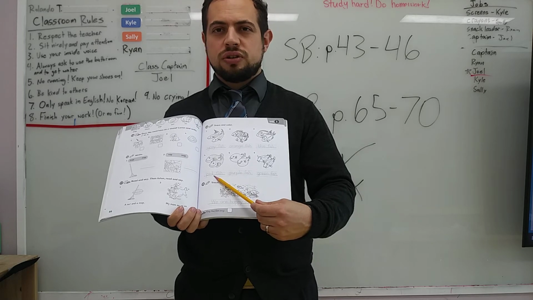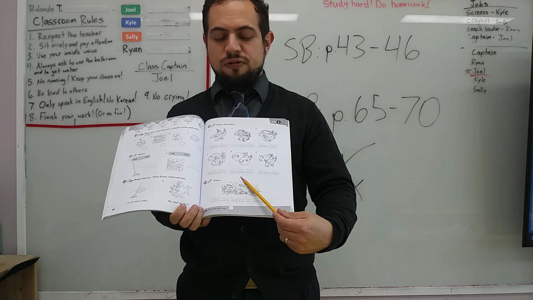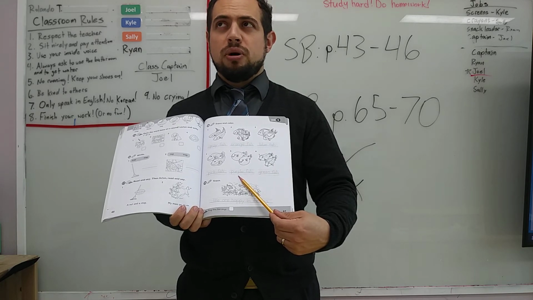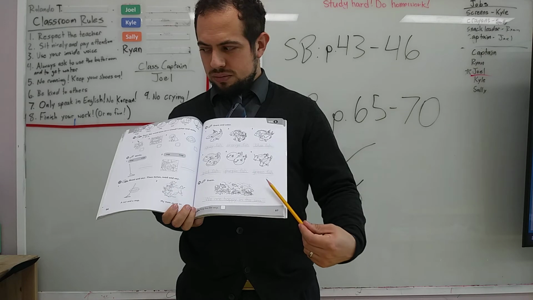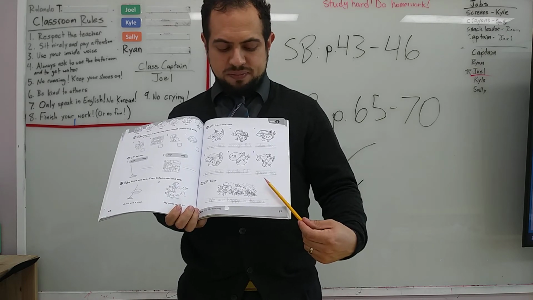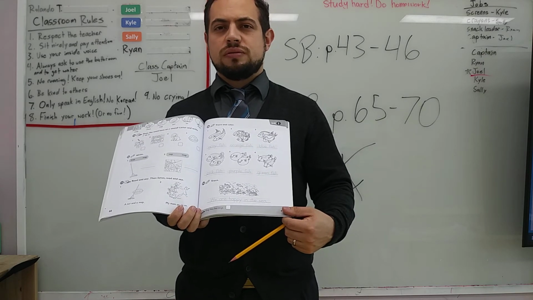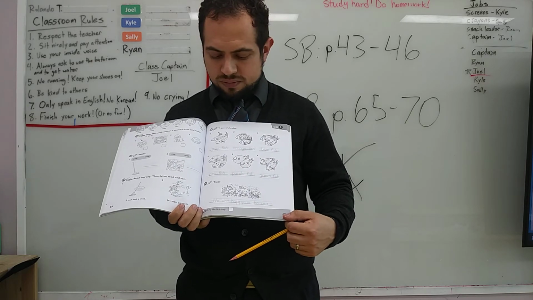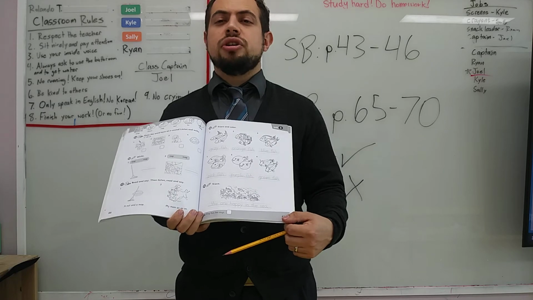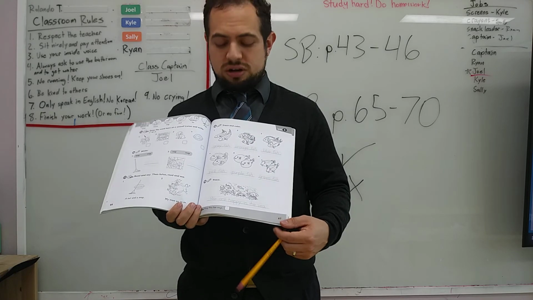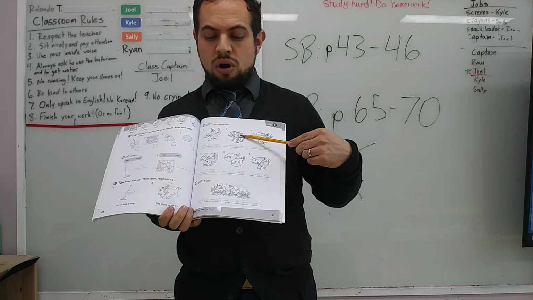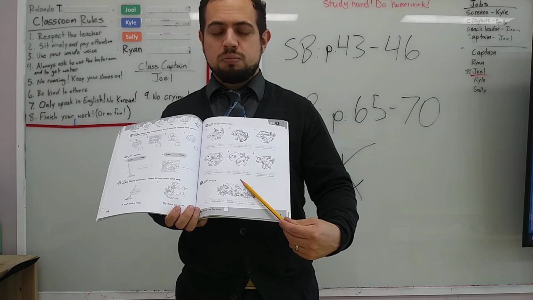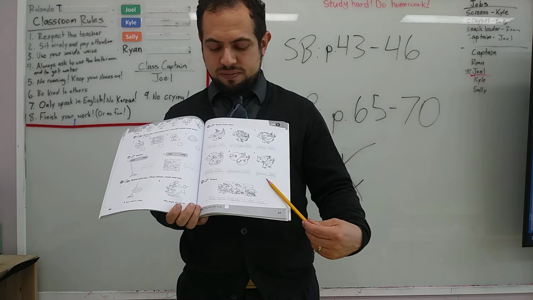Number 5, purple fish. And number 6, green fish. Good job. Make sure you color all of the animals the correct color. So gray, orange, blue, pink, purple, and green.